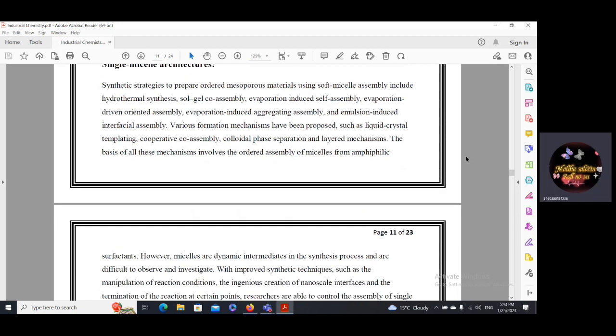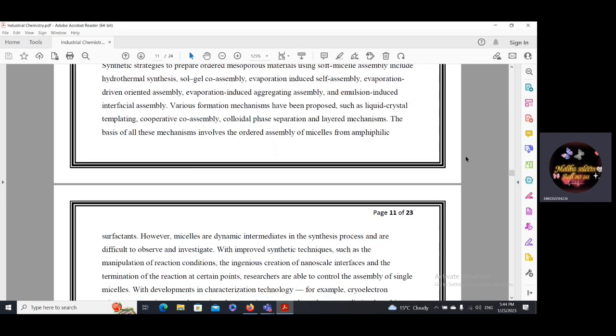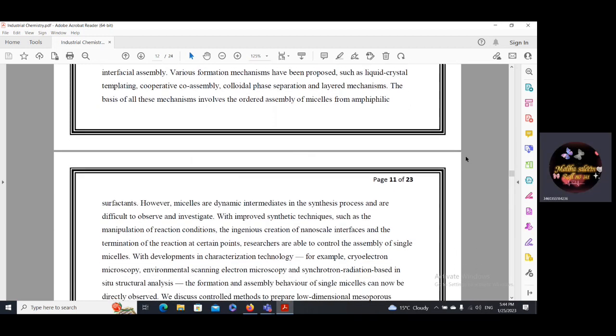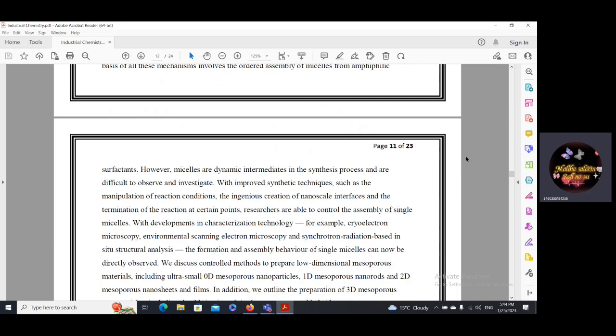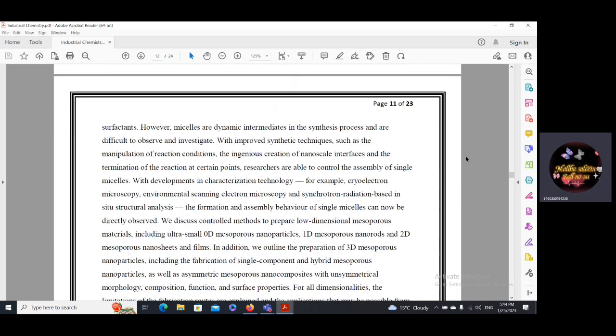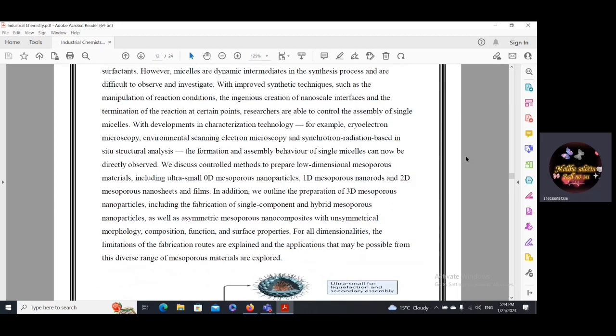Various formation mechanisms have been proposed, such as liquid crystal templating, cooperative co-assembly, colloidal phase separation, layered mechanisms. The basis of all these mechanisms involves the ordered assembly of micelles from amphiphilic surfactants. However, micelles are dynamic intermediates in the synthesis process and are difficult to observe and investigate.